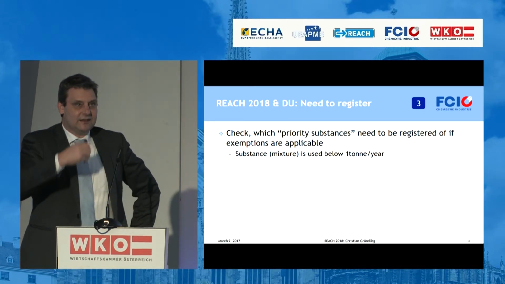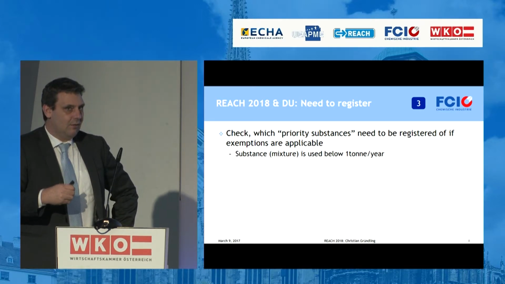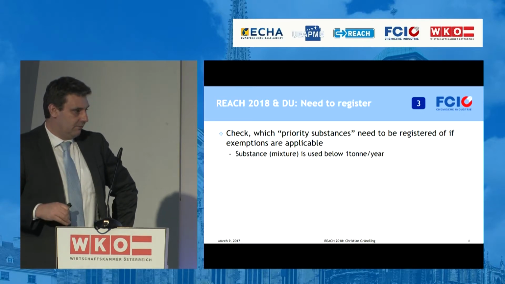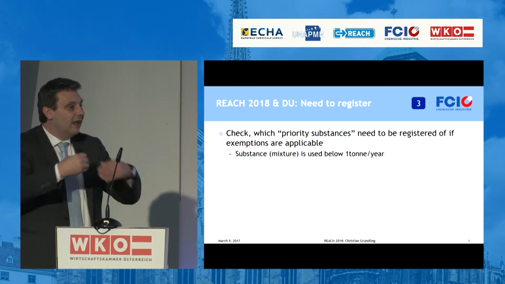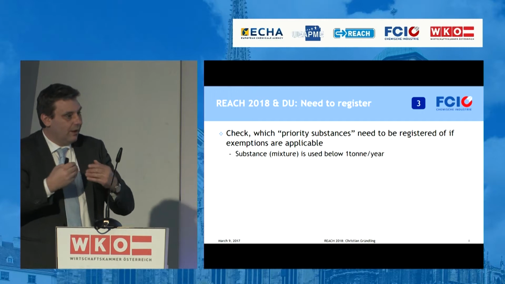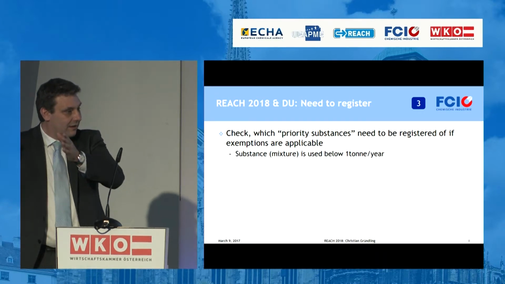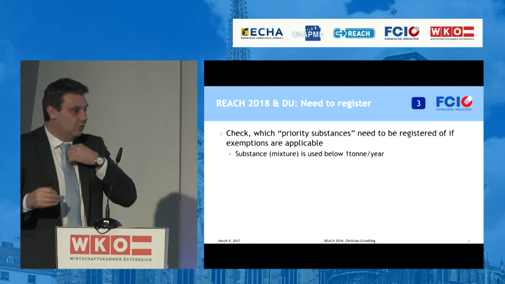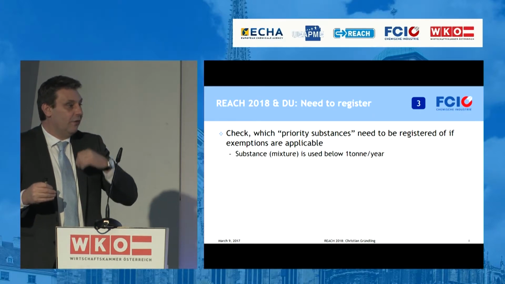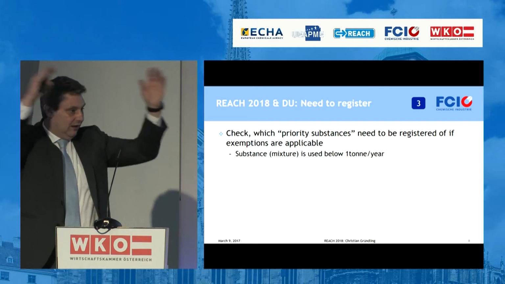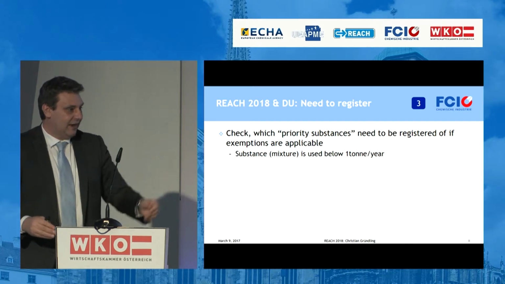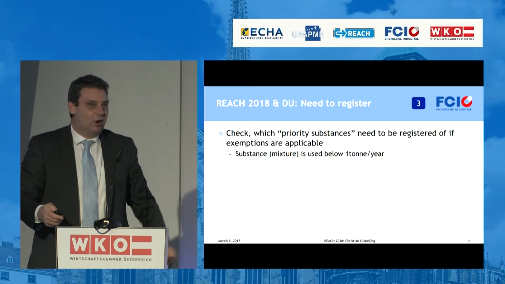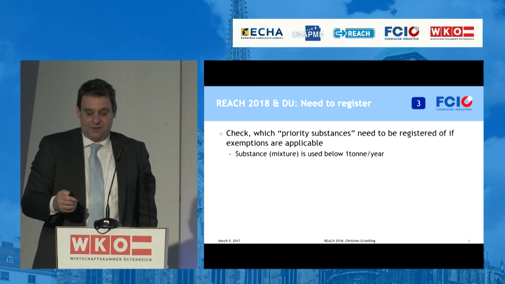Do I use that substance below 1 ton a year? Well, as a user, you cannot say whether the registrant doesn't still need to register, but it's easier if I use it less than 1 ton a year to find someone on the globe who manufactures exactly that substance, because then I do not really need to register that substance.